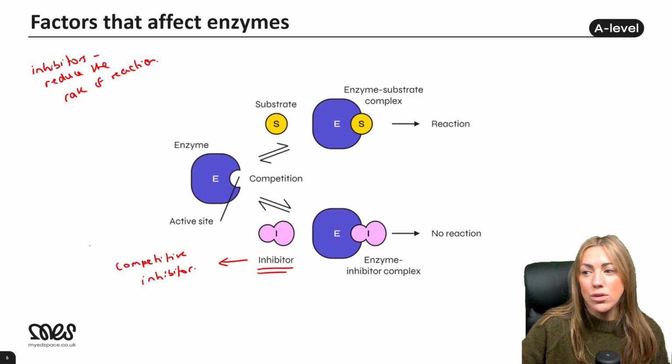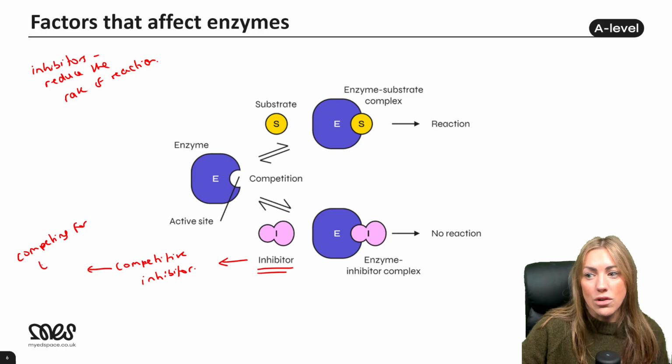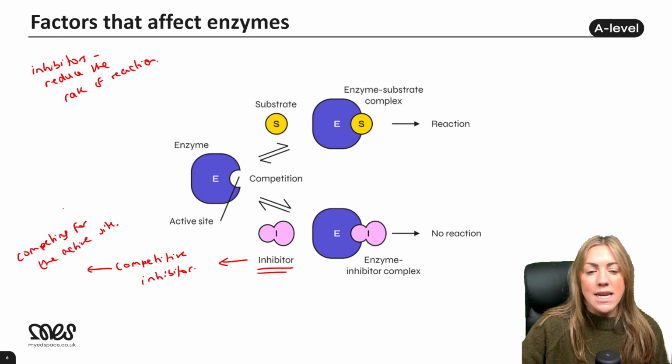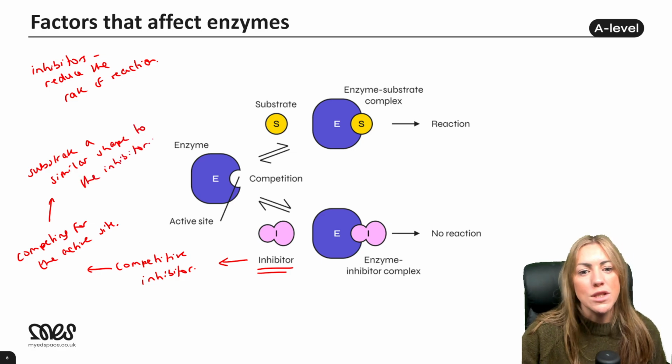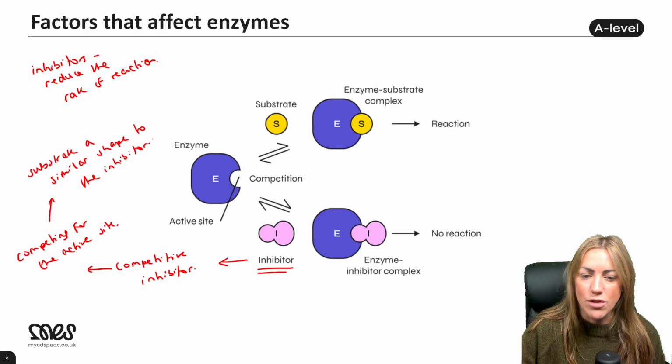And the reason it's called a competitive inhibitor, as the name suggests, is it's competing for the active site. Okay, now what that means is the substrate must be a similar shape to the inhibitor, or the inhibitor must be a similar shape to the substrate.